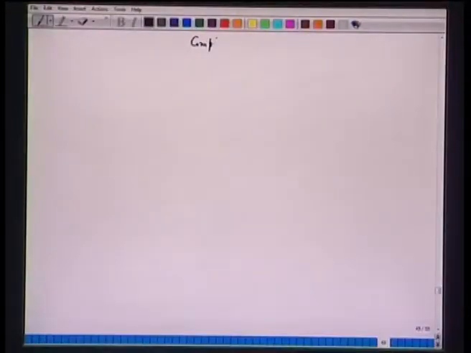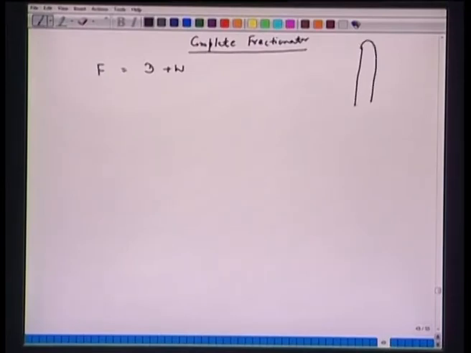So, now we have this complete fractionator. Okay. So, what we have is F equals D plus W, all right. So, this is what we are saying, that now we are making an overall balance. F enters here and we have this D, and here we have W. Okay.